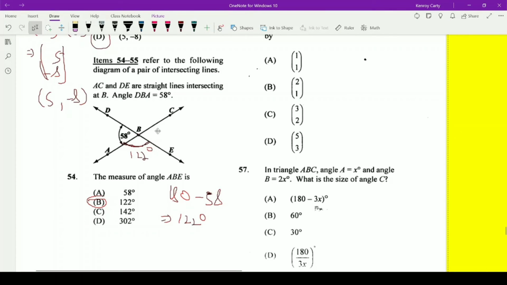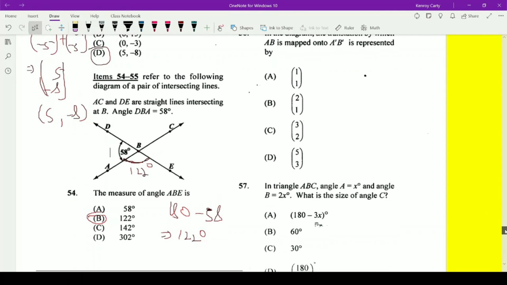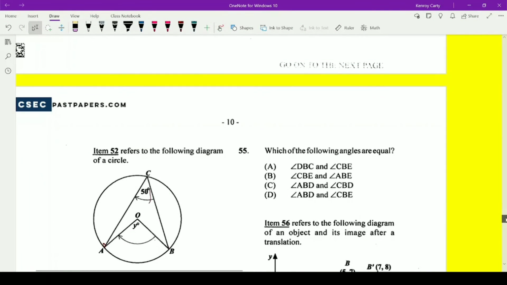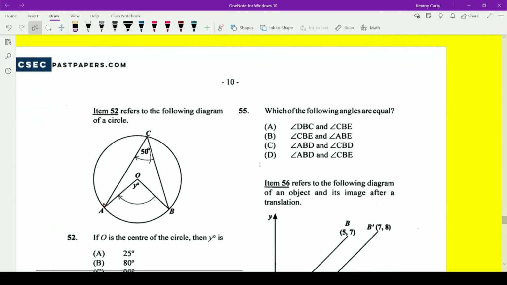I'm basically looking for the Jamaica flag. Alright? So DBA or ABD and CBE are equal. Let me go up. ABD and CBE. So it means that the answer here is D as in dog.